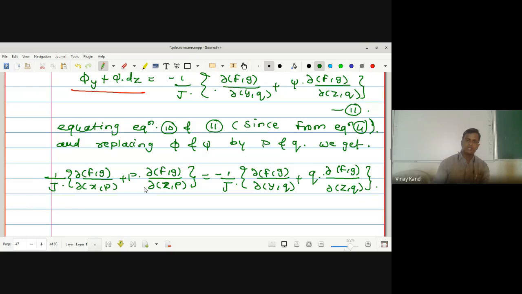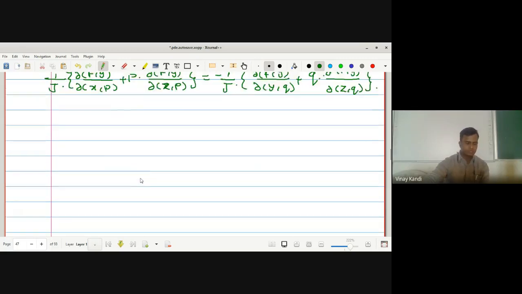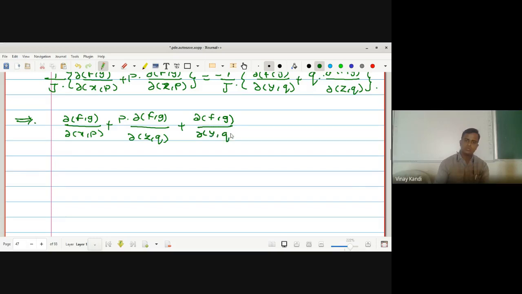Now taking this side toward the right side, 1 upon j gets cancelled, which implies Jacobian of fg with respect to xp plus p into Jacobian of fg with respect to zp plus Jacobian of fg with respect to yq plus q into Jacobian of fg with respect to zq, which is equal to 0.